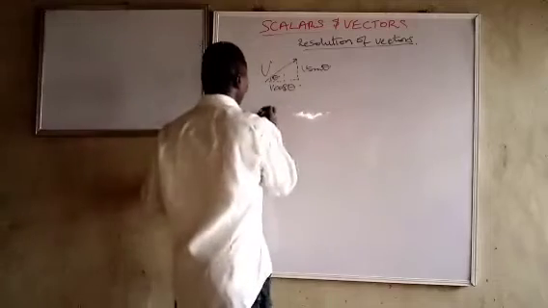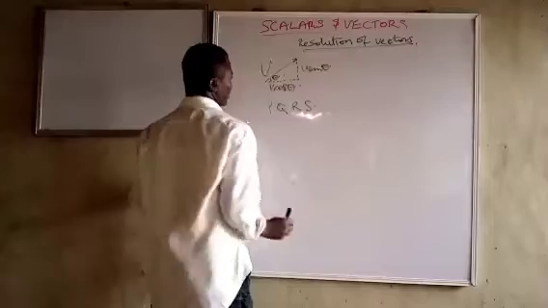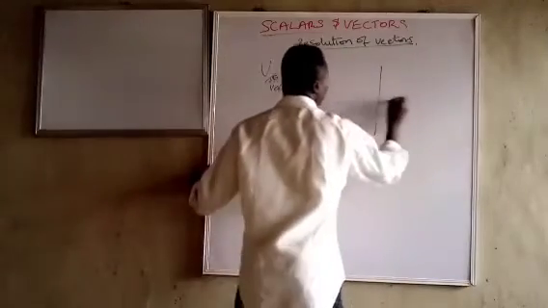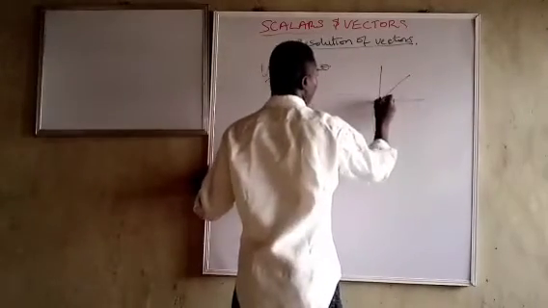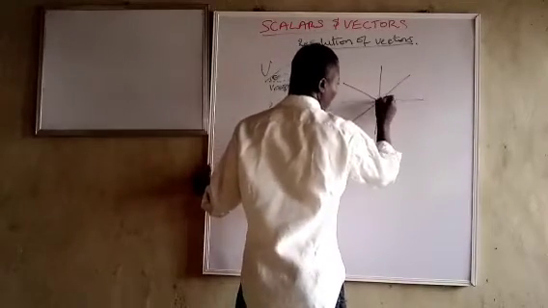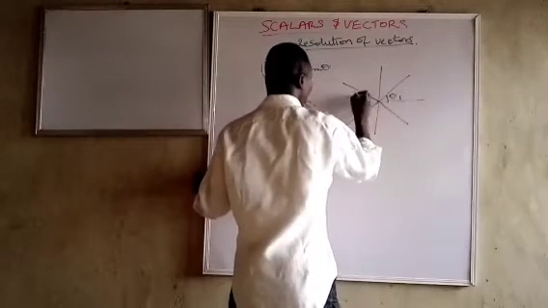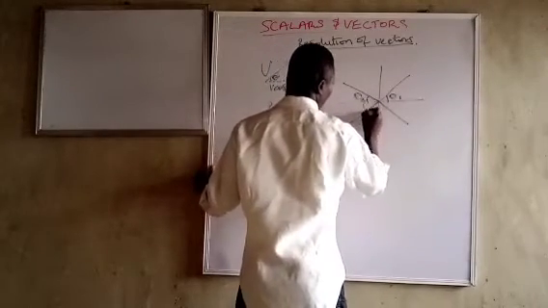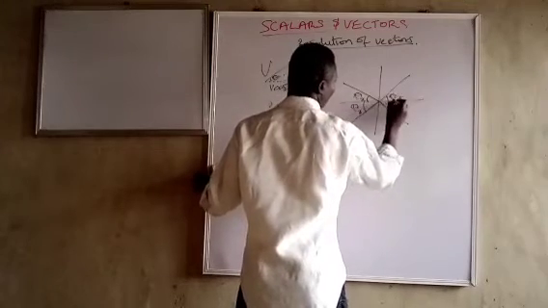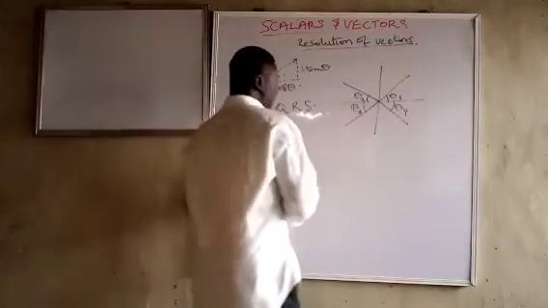Let's say I have vectors P, Q, R, S, and they are like this. They are in this direction. This one comes like this, this one comes like this, this one also comes like this. And I have the angles theta 1, theta 2, theta 3, and theta 4. I can make the angle to this place too, but I believe you know what I mean.